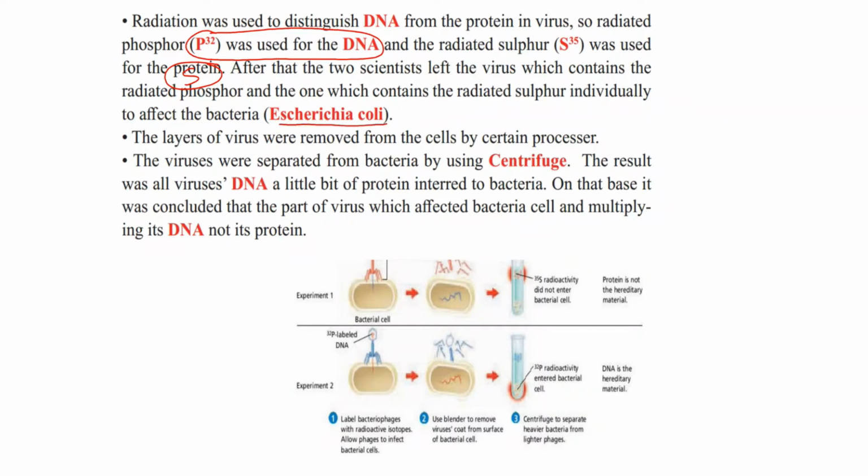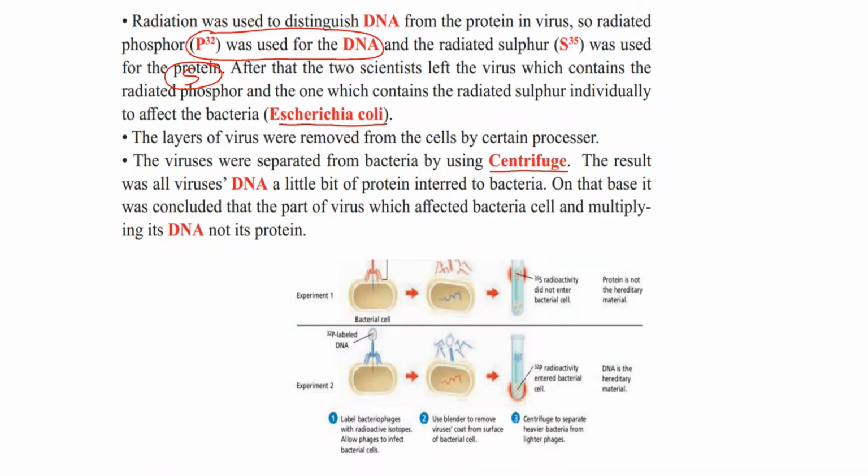The coats of the virus were removed from the cells by a certain process. The viruses were separated from the bacteria by using a centrifuge, which turns the test tube very fast, and the molecules of high weight moved to the bottom, but low weight moved to the top of the test tube.